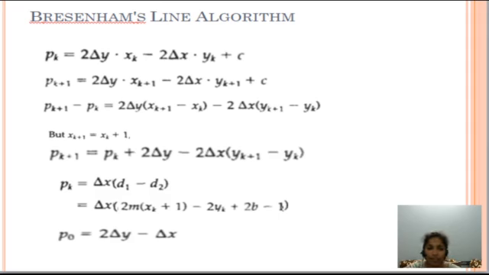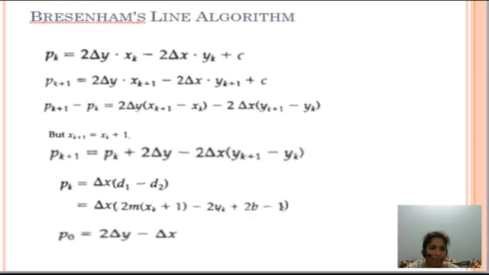Now we have to find the initial decision parameter. So pk = 2 delta y xk - 2 delta x yk + c. Then we have to find the next decision parameter, pk+1. The decision parameter at xk+1 will be pk+1, so instead of k we are substituting k+1. k will be replaced with k+1, so you get this formula.